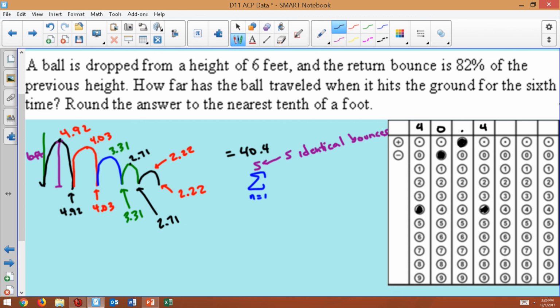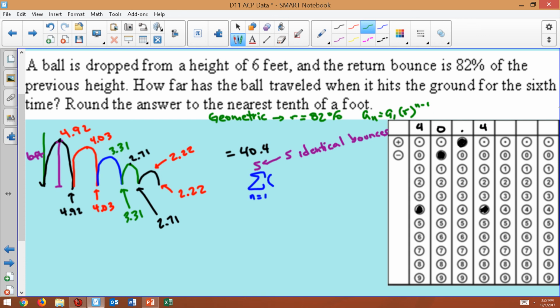You use your explicit formula here. Since this is multiplying by 0.82, it's geometric. It's geometric since the R is 82%. And so the formula, if you remember, is a sub n equals a sub 1 times your R to the power of n minus 1.